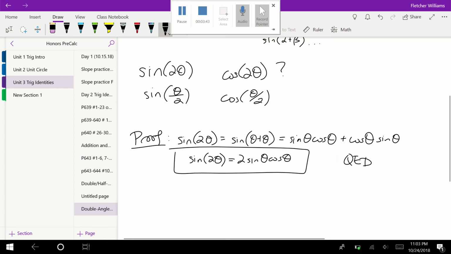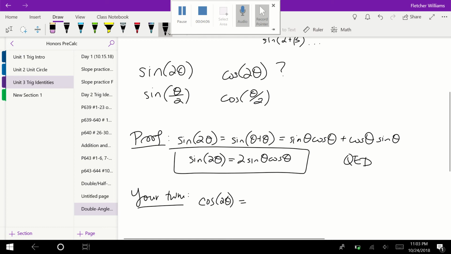So I want you to do one. So your turn. That says your turn. Oops. Find an identity for cosine of 2 theta. You can pause the video and see if you can figure that out. Okay, so now I'll show the solution.